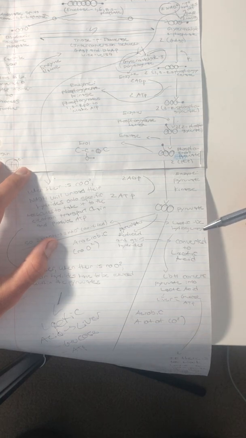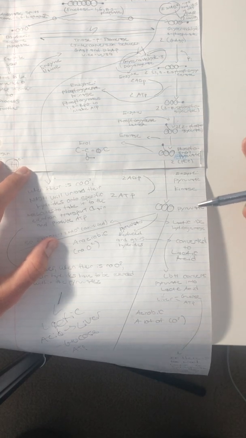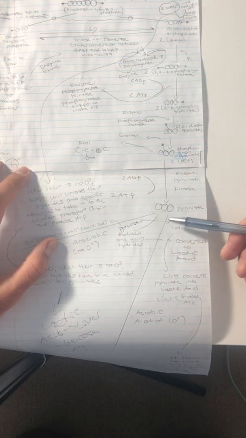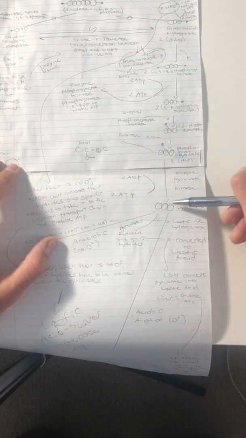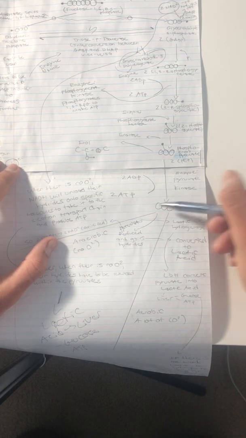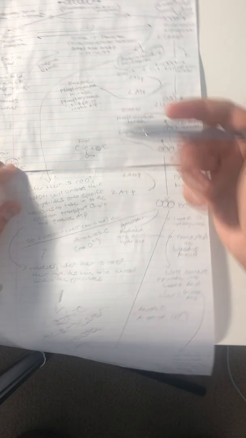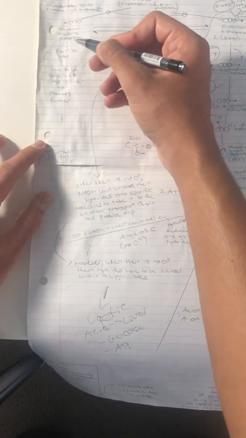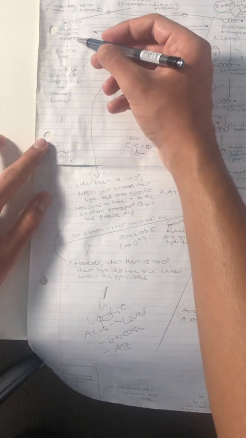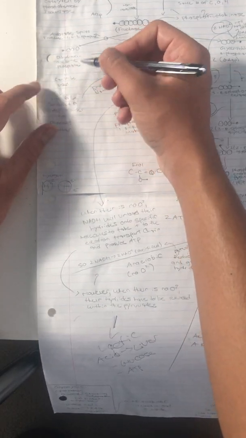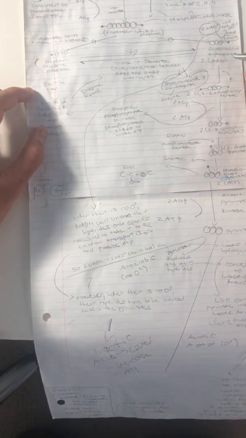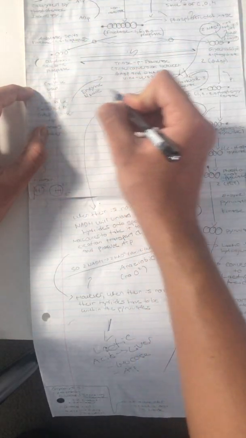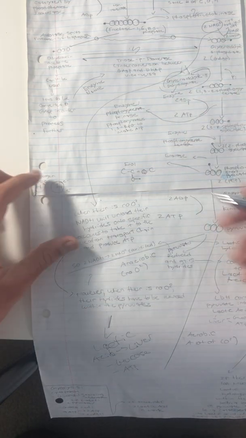That's pretty crazy. So now that we talked about how everything led to the formation of pyruvate, let's look at how many pyruvates there are. When we were talking about this GA3P and this DHAP, they were convertible or interchangeable.